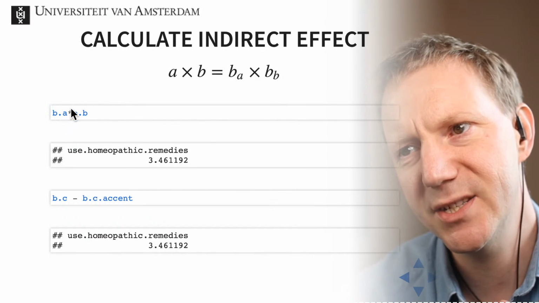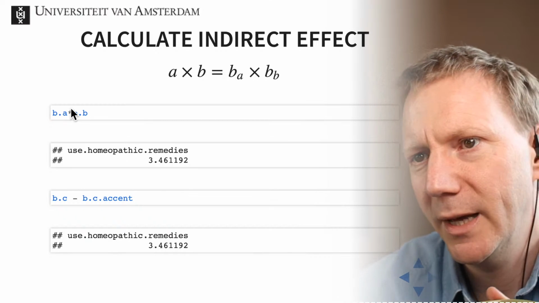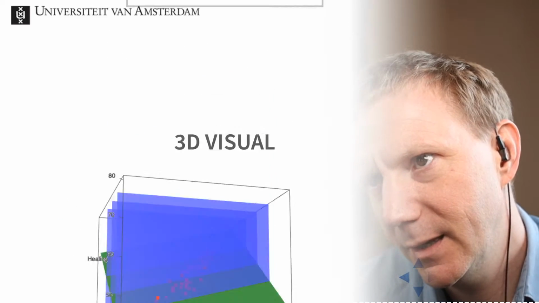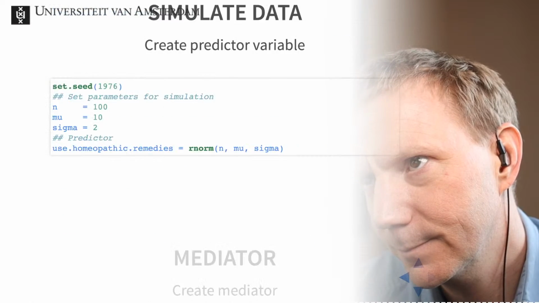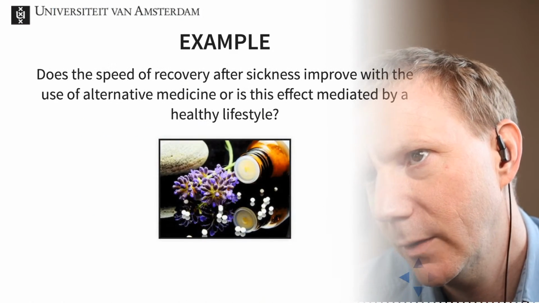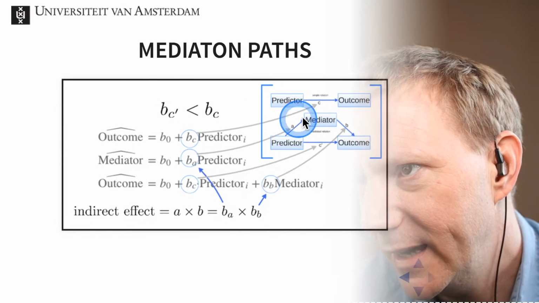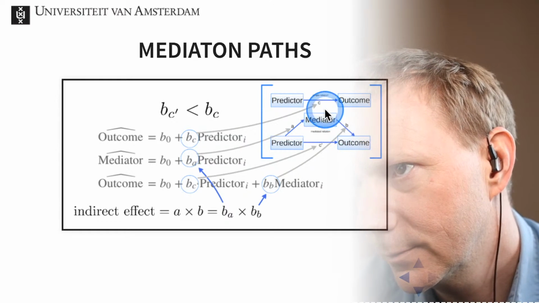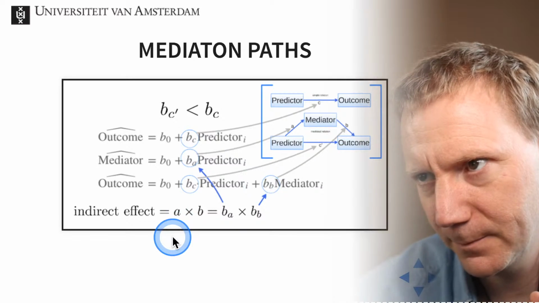So we haven't visualized that one. But we did calculate it with our regression model, and if we multiply those two, going this route, we get our indirect effect.